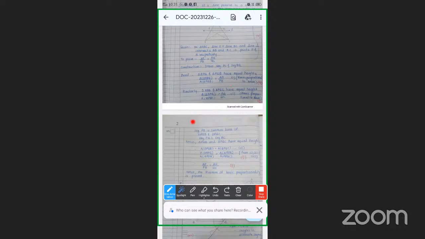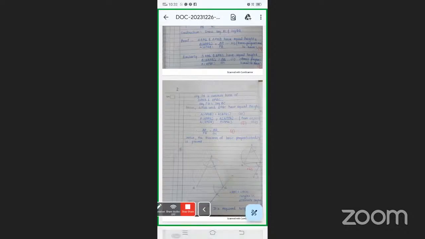When we look at the diagram, the height is equal, so the ratio is proportional to their base. So AQ upon QC is equation number 2, since areas are proportional to their bases.